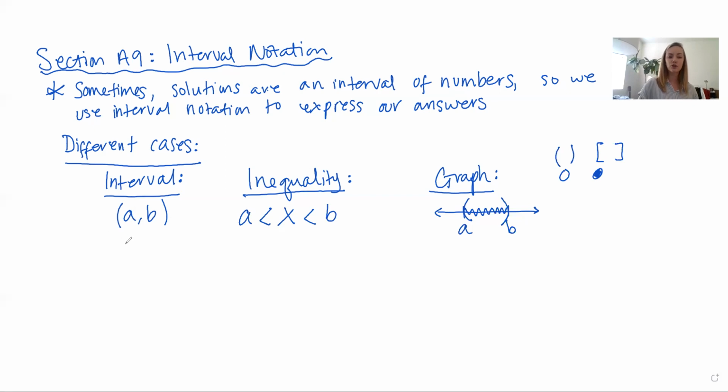Case number 2: if we have brackets on both of these numbers, so bracket A comma B bracket, this just means that now we can equal these numbers. So our inequality is going to be A less than or equal to x less than or equal to B. And then our graph is almost exactly the same, but now we have brackets on the A and the B, still shading in between.